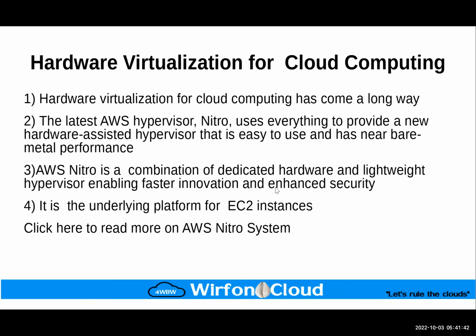In AWS, the latest hypervisor is the Nitro one, which provides a new hardware-assisted hypervisor that is easy to use and has near bare metal performance. And this Nitro has security really at the level of the chip. It is the underlying platform for EC2 instances. You can read more about the AWS Nitro system, and there is a link here for you. Are we okay?